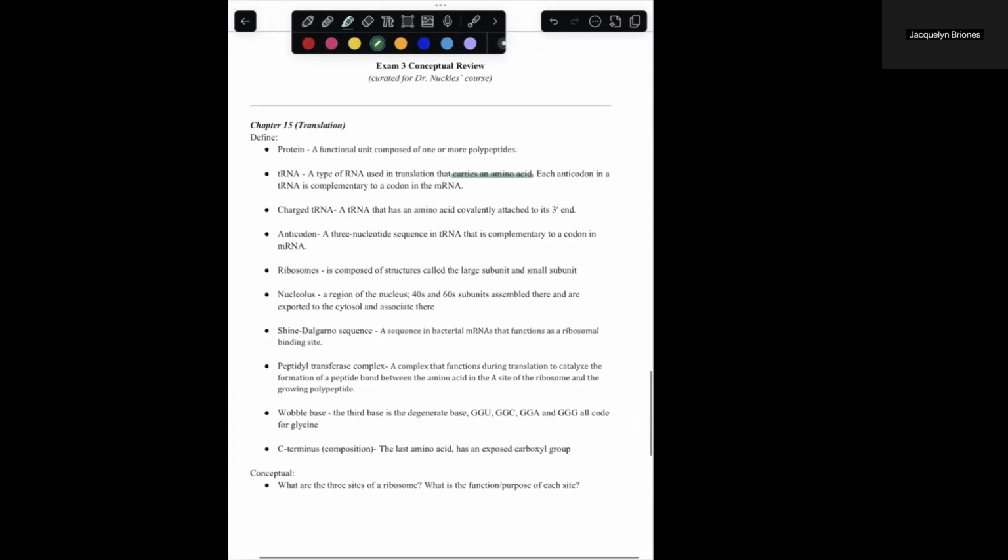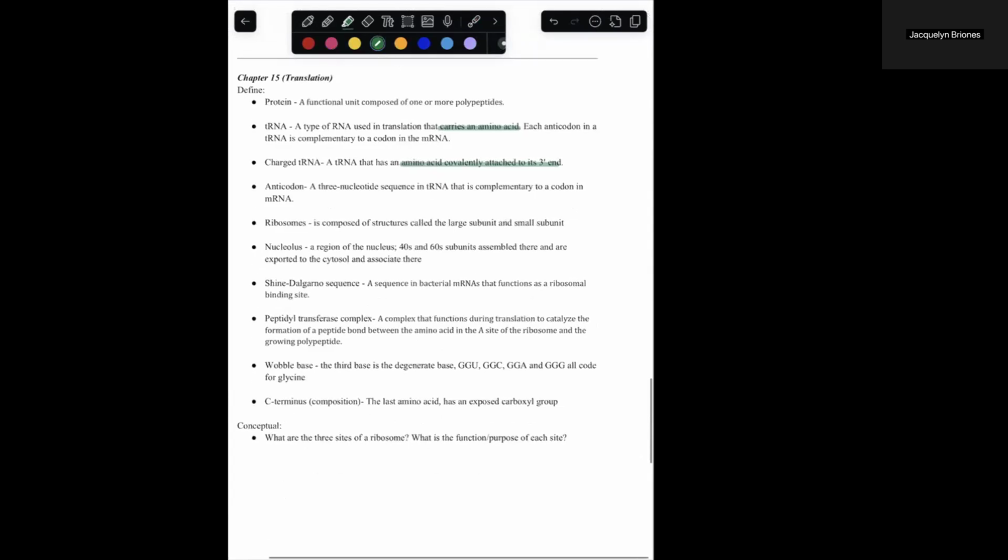A charged tRNA has an amino acid covalently bonded at its 3' end. And the anticodon that we were talking about earlier is a 3 nucleotide sequence in the tRNA that is complementary to a codon in the mRNA.